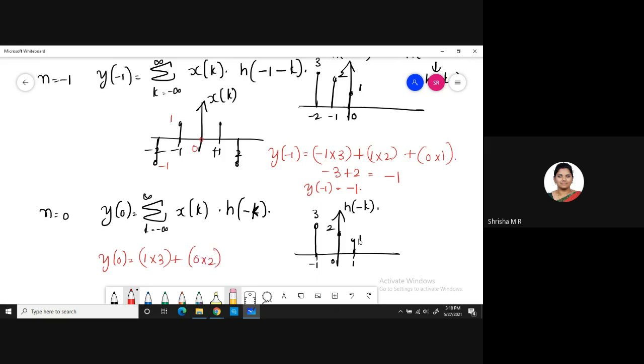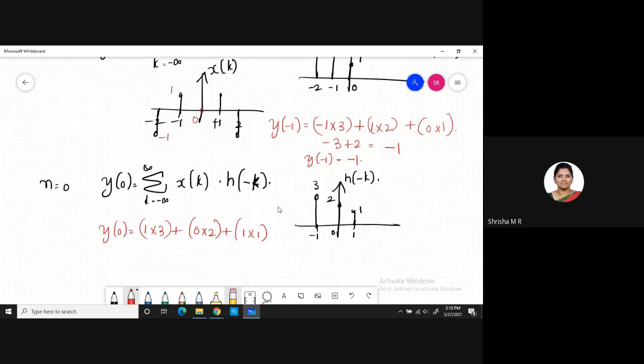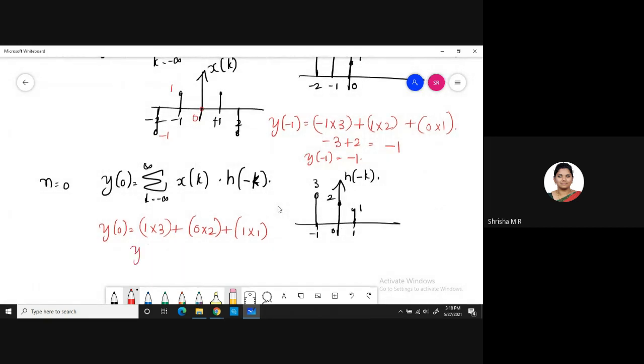Here you have 2 here, so it is 0. Plus at 1 you have 1 here, and there also you have 1. So y of 0 is how much? It's 3 plus 1, 4. Got it? So at n is equal to 0, your amplitude will be 4.